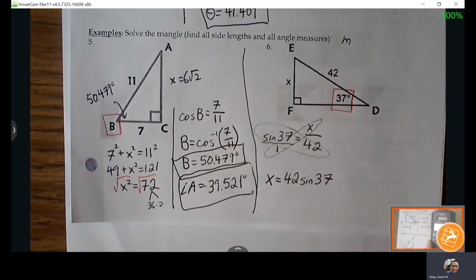I don't know if that's right. Oh, it's great. What'd you get? I'm saying for the last missing angle. Okay, okay. I'll get to that. I got x equals 25.276.